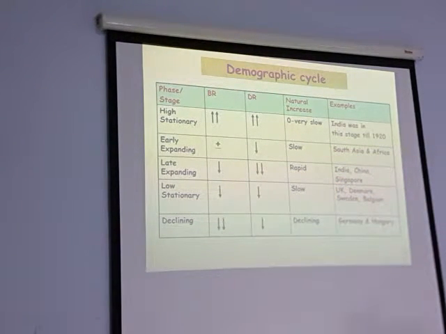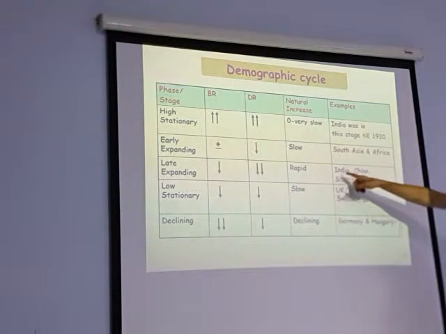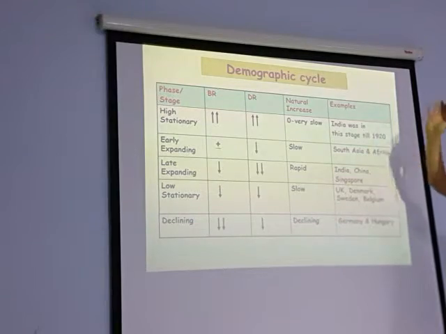Death because of communicable disease is not here now. Your deaths due to non-communicable disease have increased, but the life expectancy has increased. I will tell you what life expectancy is. So the number of people overall is increasing, not decreasing. That's why you are in the rapid growth. India, China, Singapore, they are there.